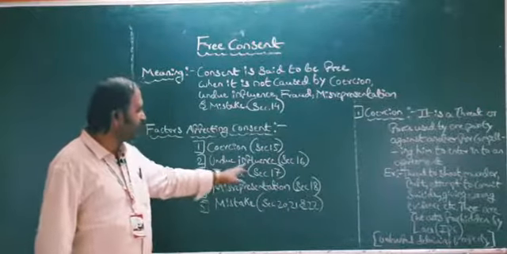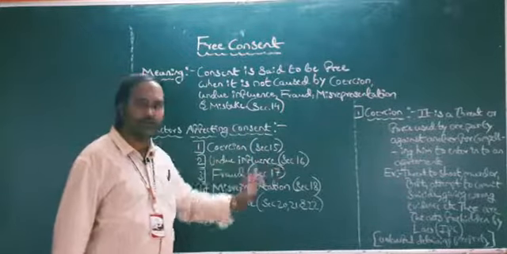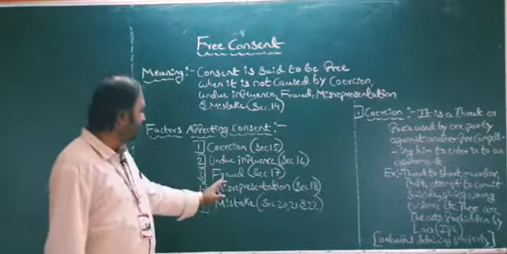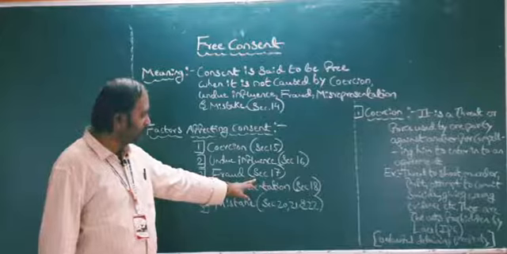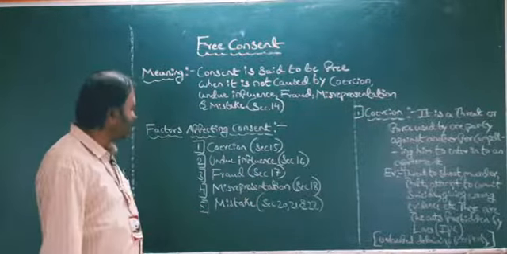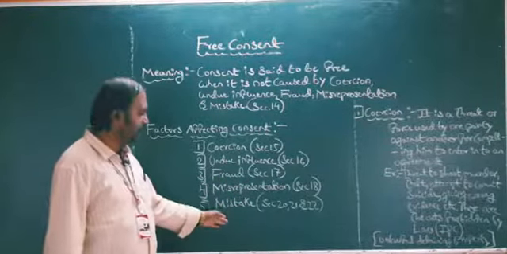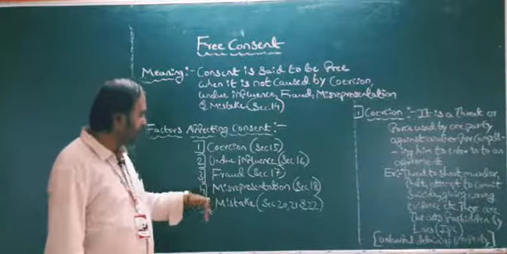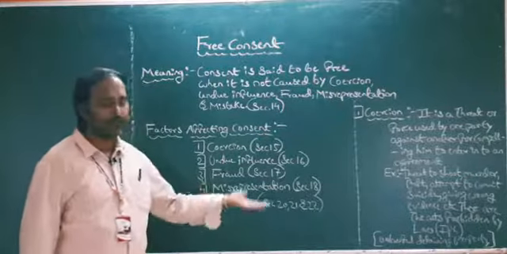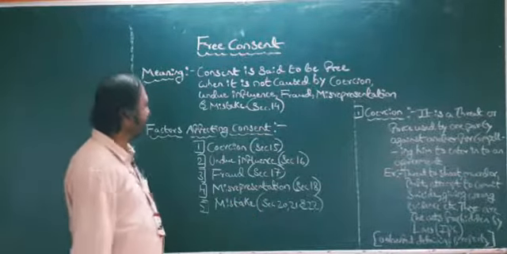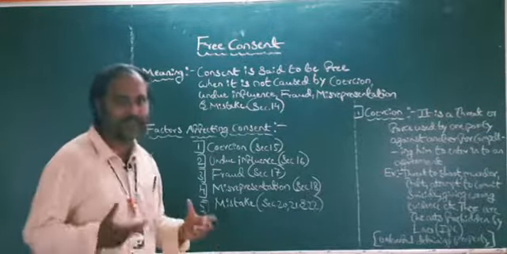Thereafter, undue influence, also a factor, is given under section 16. Fraud is covered under section 17. Misrepresentation is given in section 18, and mistake. The provisions on mistake are given in sections 20, 21 and 22. These are the various factors which we need to discuss in detail.